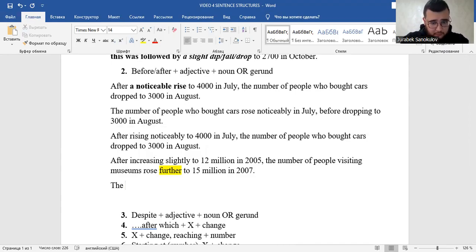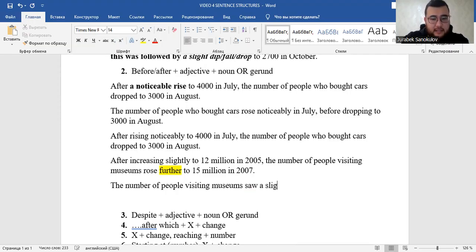Okay. The number of people visiting museums increased slightly, or let's use the noun sentence structure, yeah?